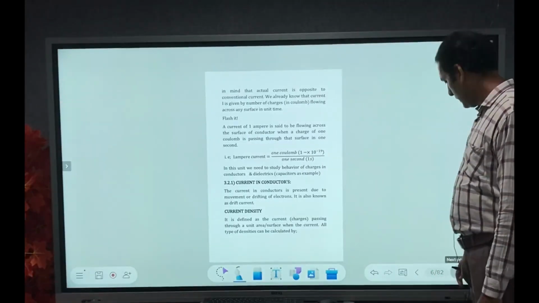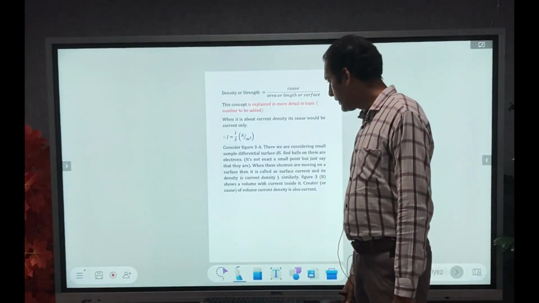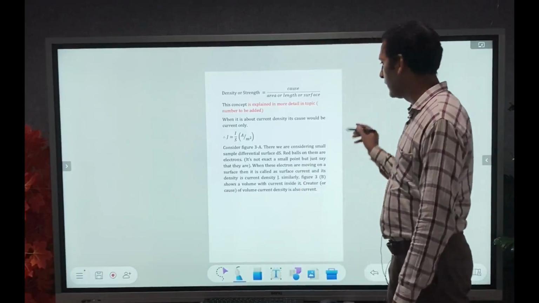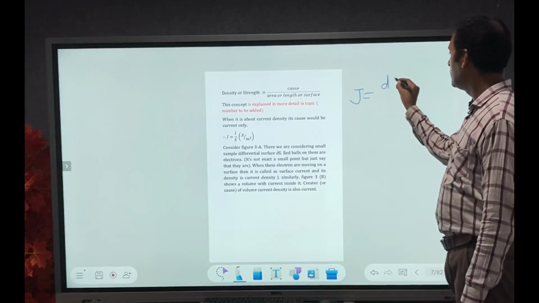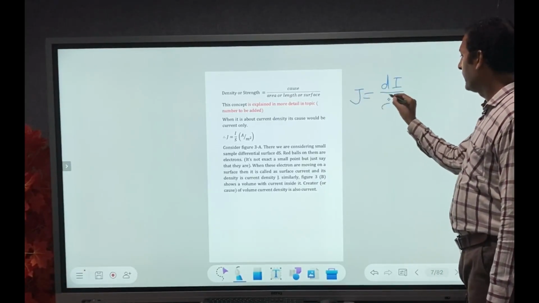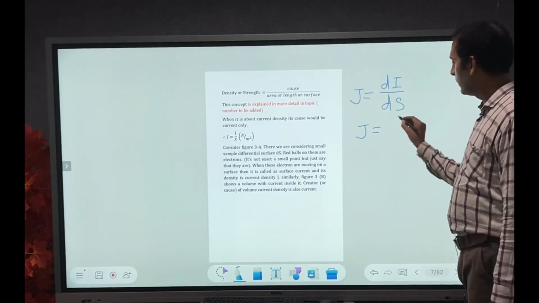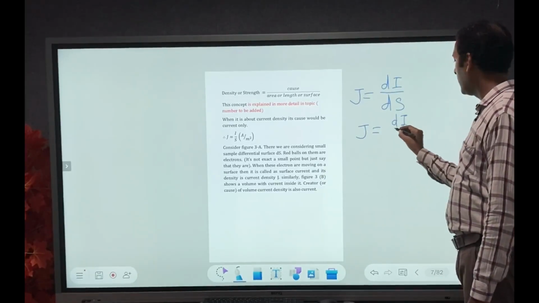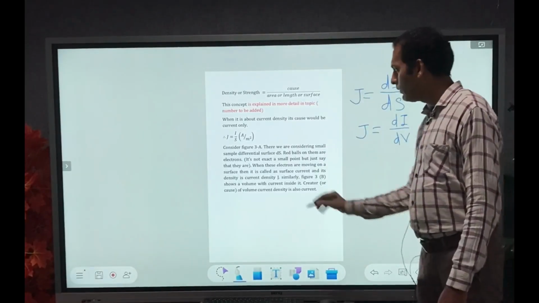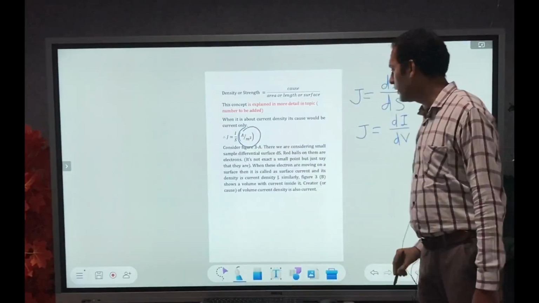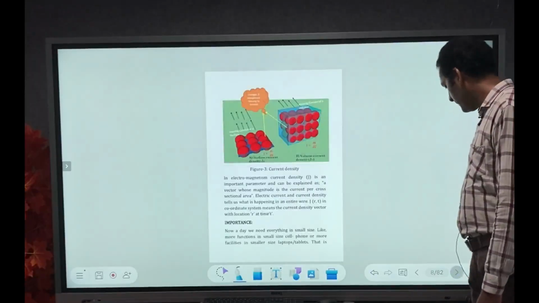Then we defined current density. Current density is nothing but current per surface in case we consider a surface. So if we consider a surface, we have J is equal to dI by dS. If we consider a volume, we get dI by dV, and the unit of current density is amperes per meter square, and if it is volume we can take meter cube.